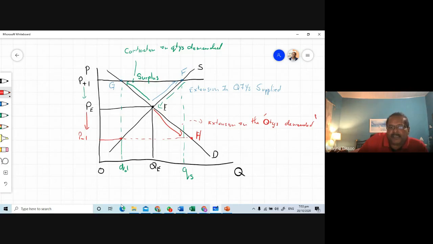Simultaneously, at that lower price, you'd have the reverse happening from the perspective of suppliers. Suppliers don't like that, so they will move from this point, from E, down to, let's call that point G. Okay, this here is a what?